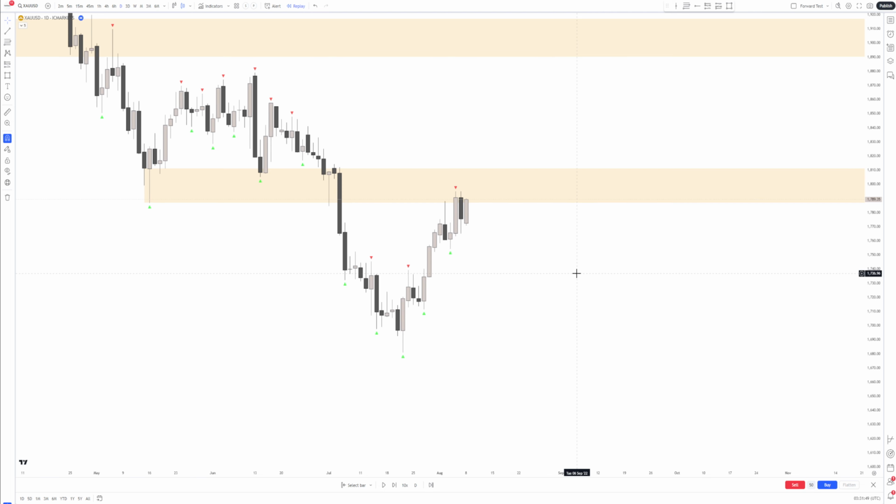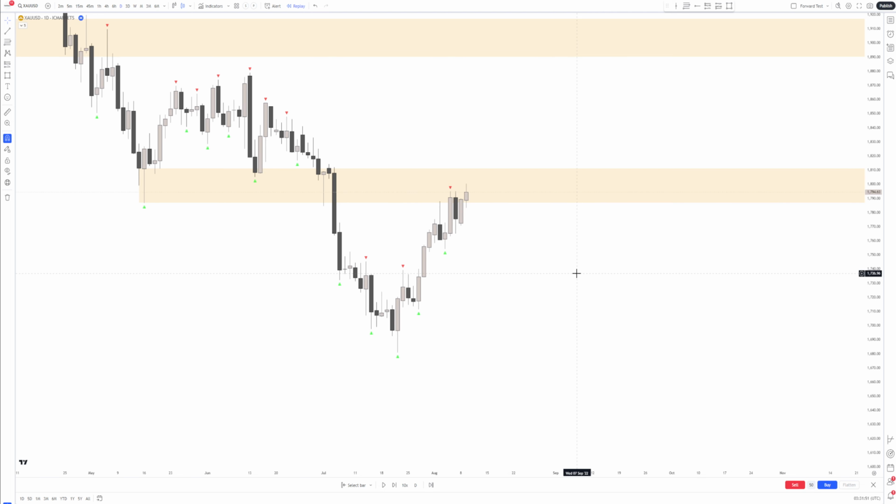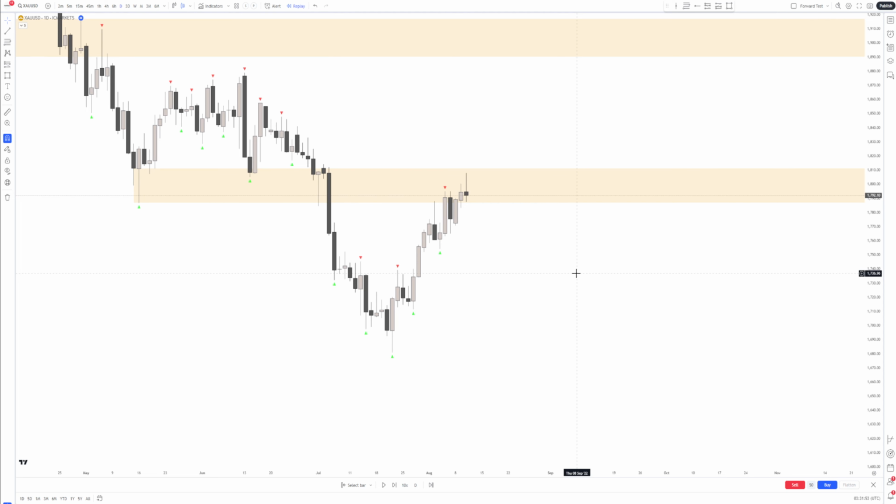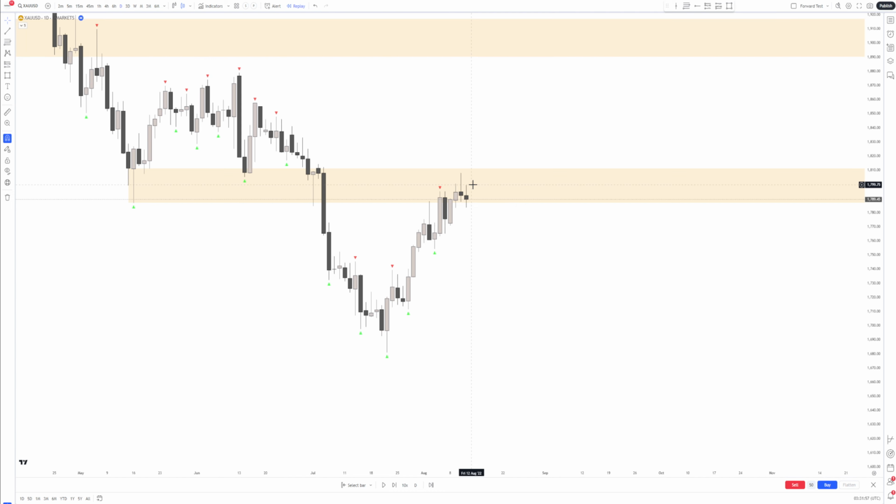So let's show you an example. It's super simple, and you can see that price has gone into this zone, and we can see straight away it has been violated, and all we're waiting for is one more candle to take out that one.